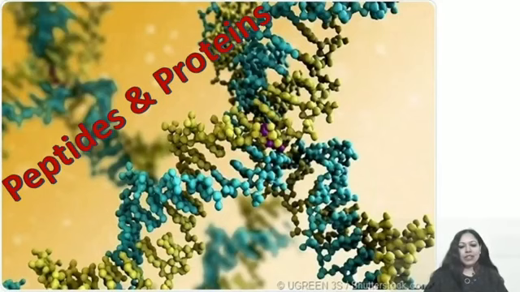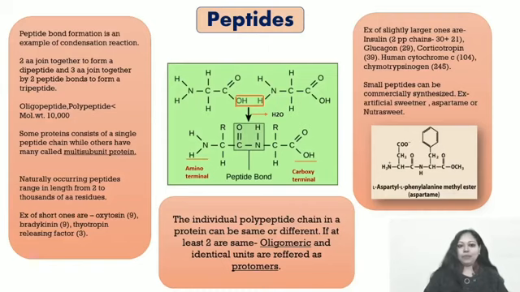Viewers, we will now turn to polymers of amino acids, which are peptides and proteins. Peptides are formed by the combination of a minimum of 2 amino acid residues.